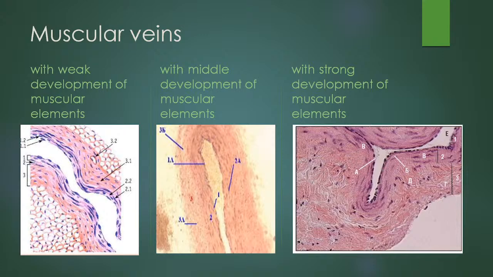Tunica Intima consists of endothelium; the subendothelial layer is weakly developed, and the internal lamina is absent. So only two layers here.